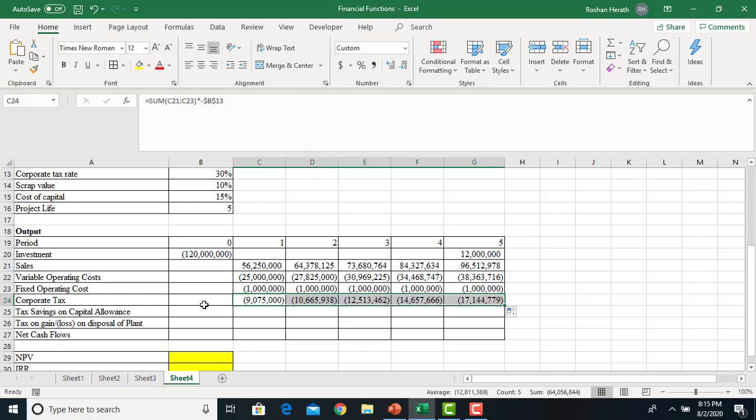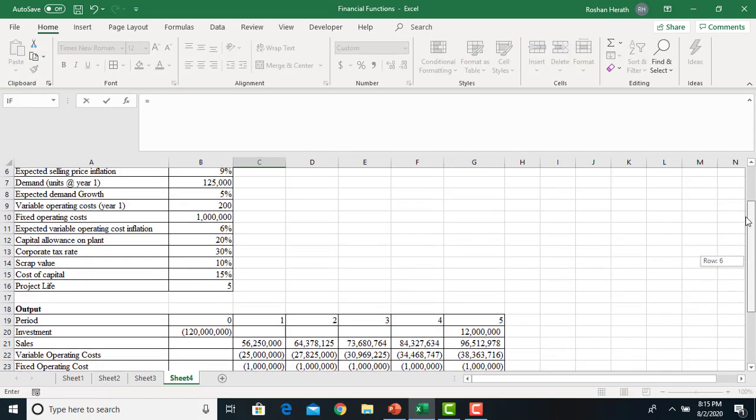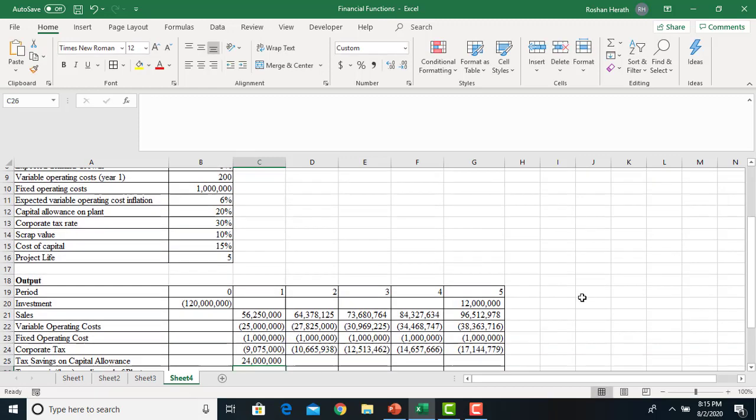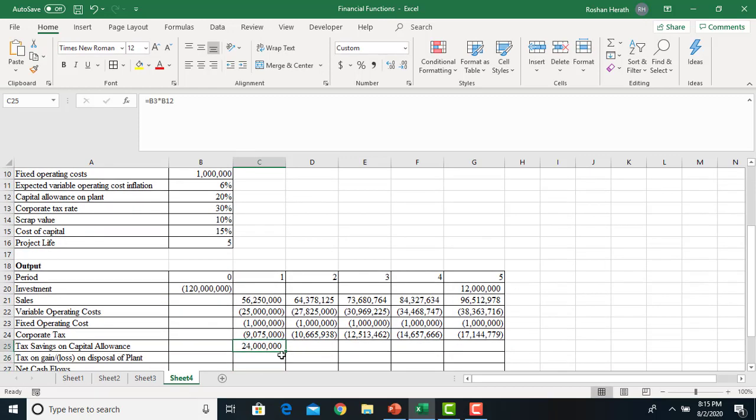Now the tax saving on capital allowance. How do you compute the capital allowance? Just to show you, it is quite straightforward. You would take the investment in PPE, it's a plant, and multiply it by the given capital allowance. Capital allowance on plant is 20%. This is it. So per annum, you would depreciate 24,000. For the computation of taxable profit, you can deduct this capital allowance.